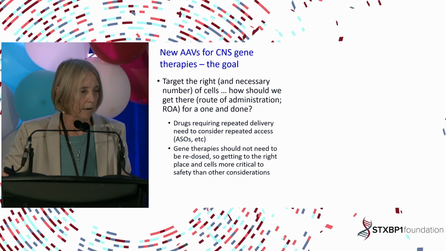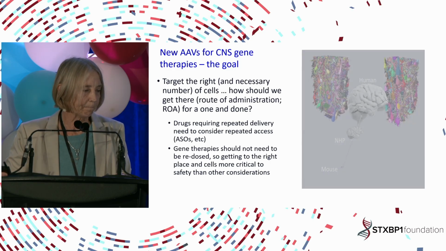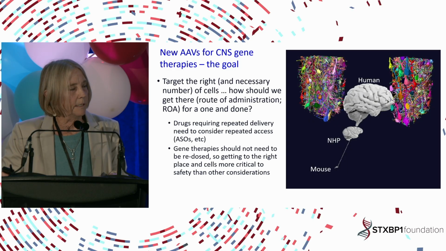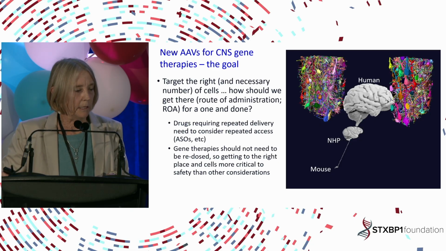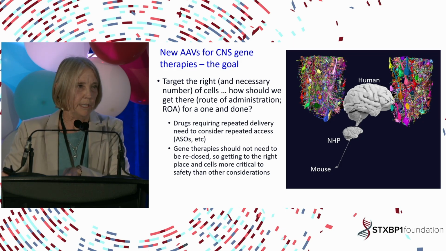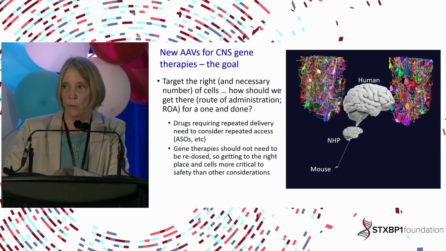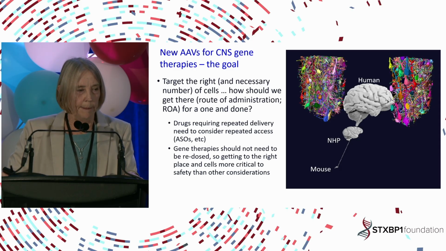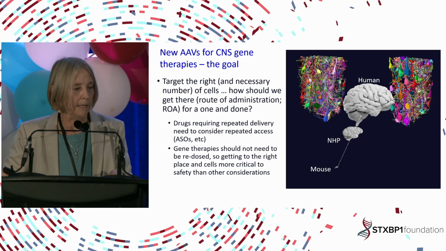Here for a gene therapy, you go into the right area. And this is our challenge. This is to scale. You see at the very bottom, the brain of a mouse. You can barely see it. Then you can imagine a dish of cells or an organoid that you may have heard about. A little bit above that is a non-human primate, the NHP, and above that, the human.